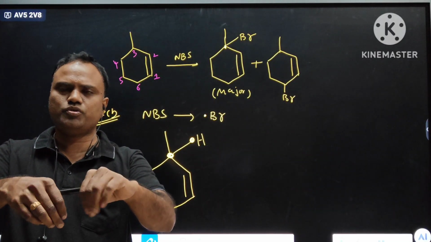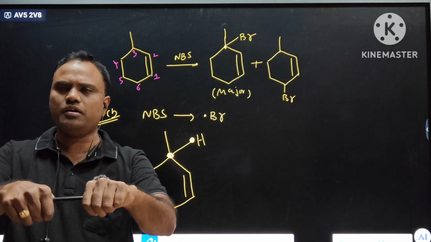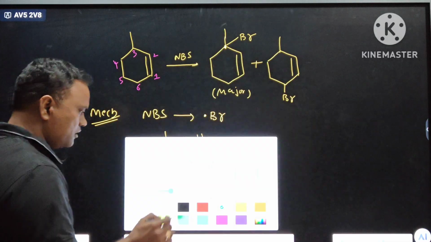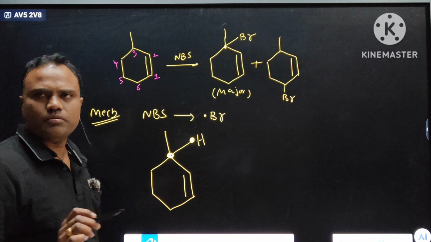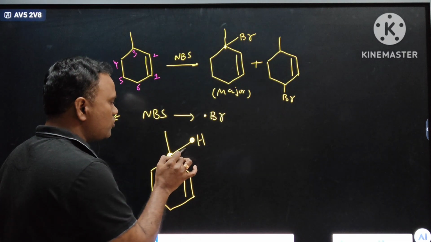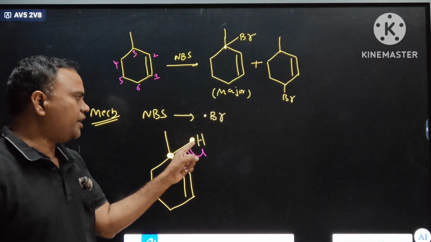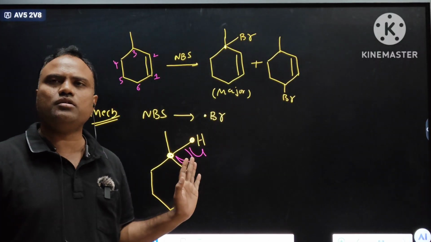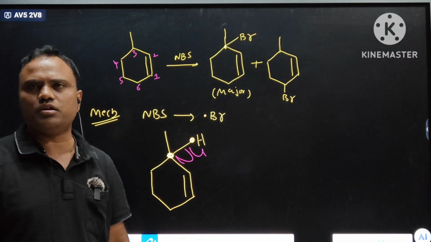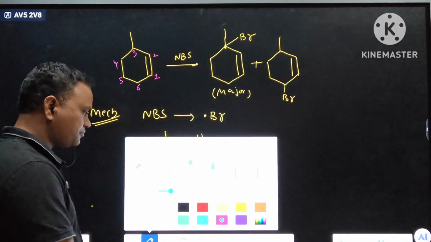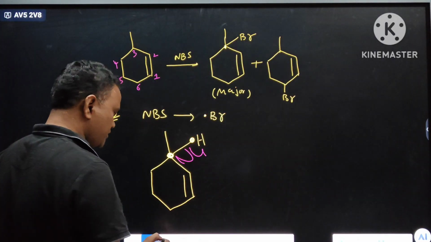By the mutual sharing of electrons, electron and electron, so I wrote. This point you have to remember: at allylic position, homolytic cleavage takes place. Homolytic means hydrogen takes its own electron and carbon takes its own electron.